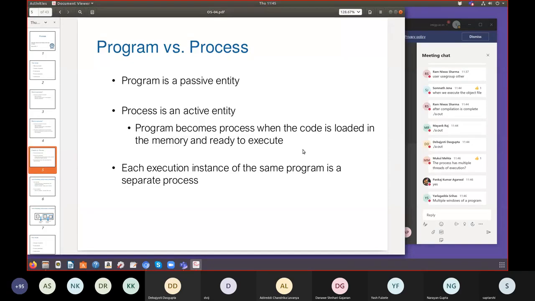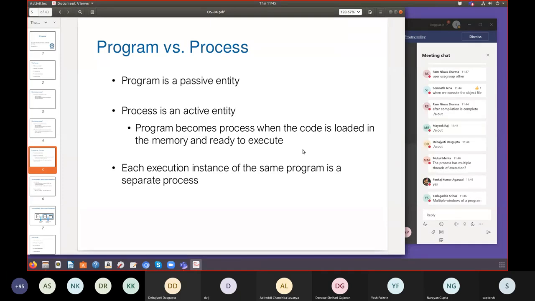Now think about it. Gedit is a program. But then 60 or 70 of you are simultaneously using gedit to write your own programs. So many processes are running, right? But all of them are using the code of that one program, gedit.